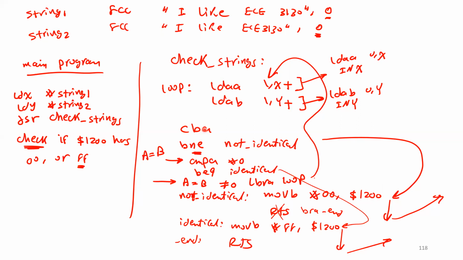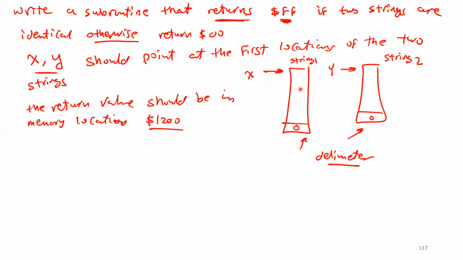Okay. Now, if they are equal, if A is equal to B, there are two cases. If one element is equal to the other element, right? Now there are two cases. One case, if they are equal but they are not 0. So what should I do? I have to continue looping because I'm not done yet, right? So this element is equal to this element, but they are not 0. Okay, so I have to loop again.